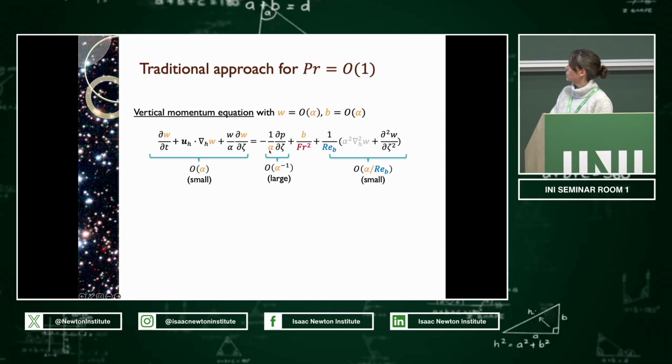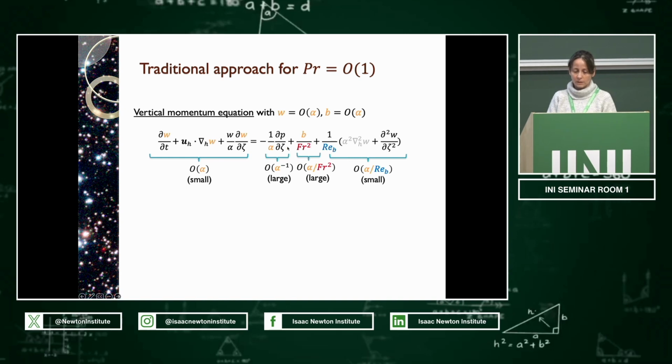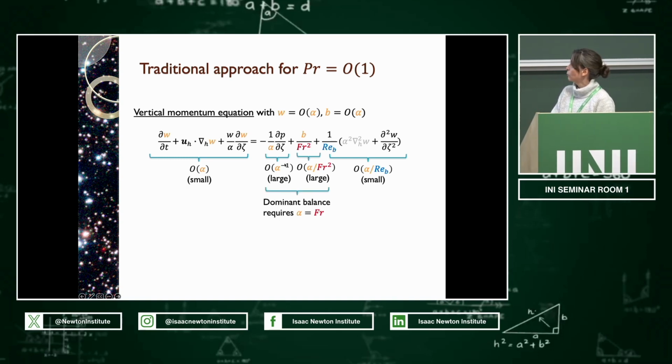This one is small because we just said the buoyancy Reynolds number is at least of order 1. And as a result, the only thing that can compensate that vertical pressure gradient is the buoyancy term. Essentially, you require a balance between these two things. That's called hydrostatics. And if 1 over alpha has to be alpha over Froude squared, you immediately get that alpha has to be Froude.